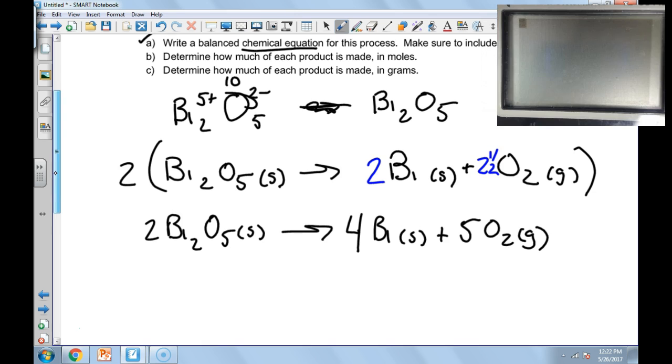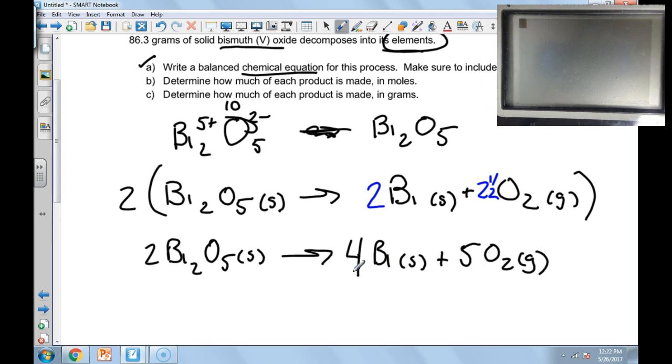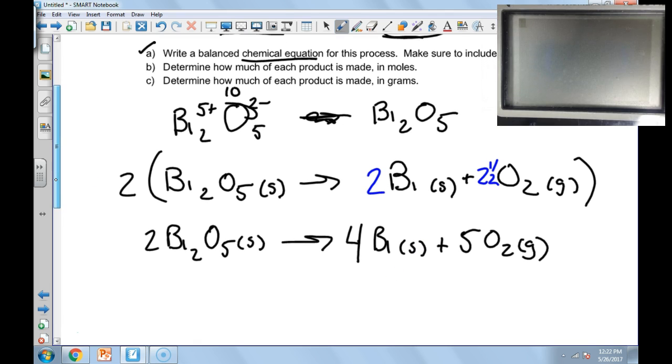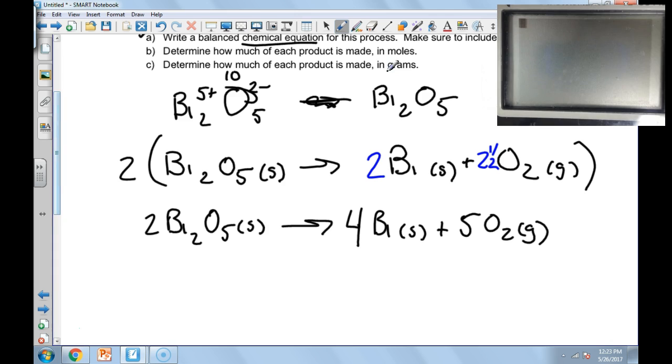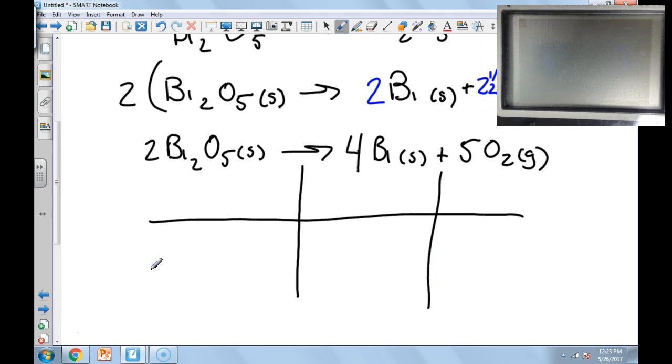But now it says determine how much of each product is made in moles. Well, here are the two products. In order to determine how much of each product is made in moles, and then subsequently in grams, we should probably do an ICE chart. So I'm going to go ICE.